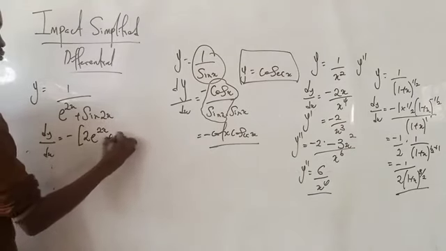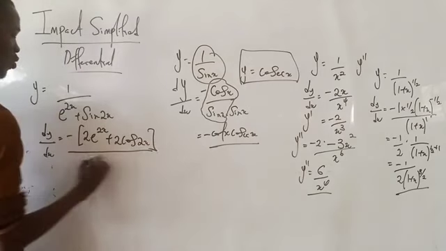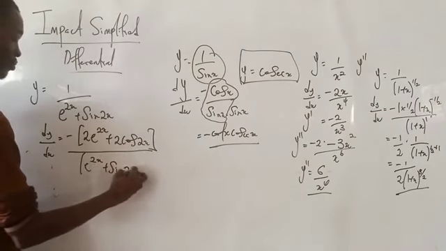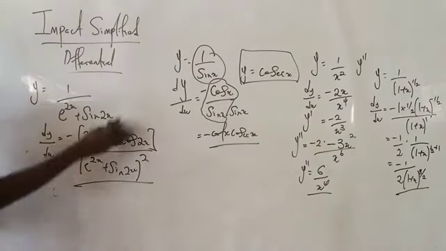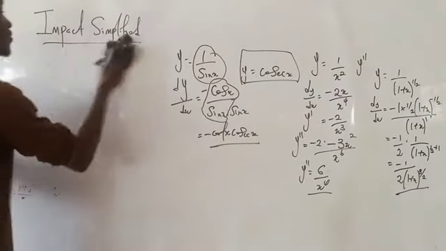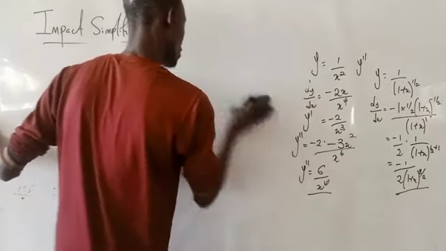Differentiate this, what do we have? Plus 2 cos 2x over what? Over the square of the denominator. And that is all about what? A reciprocal function.